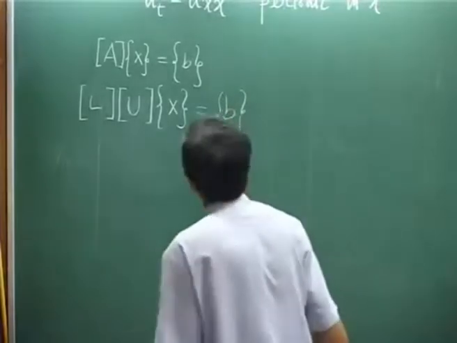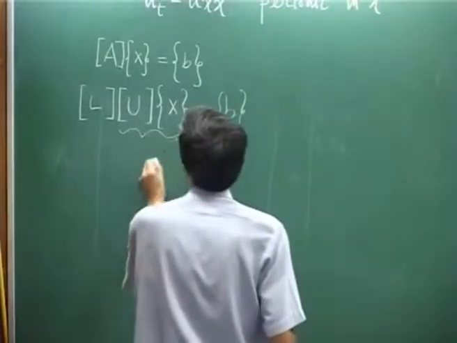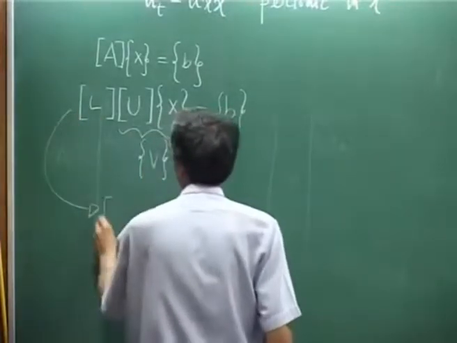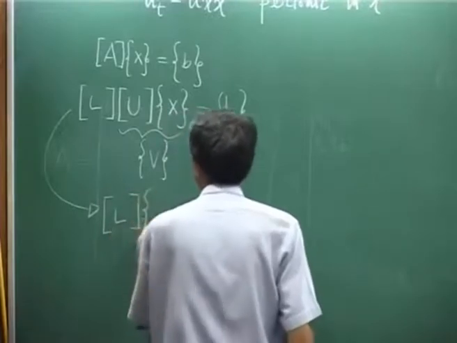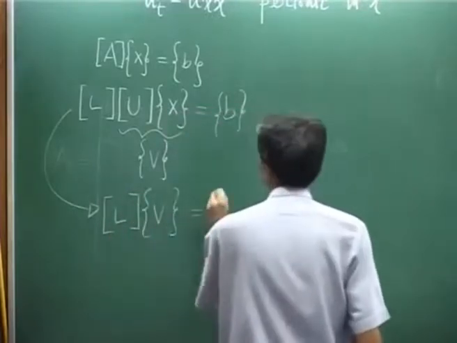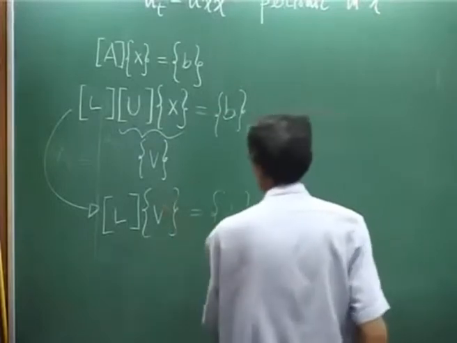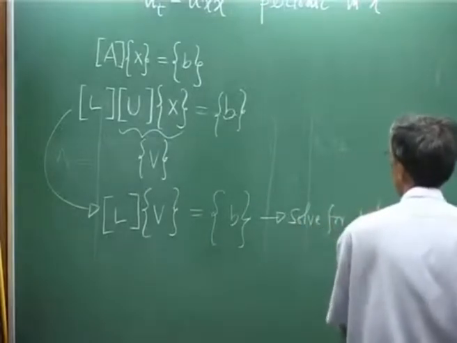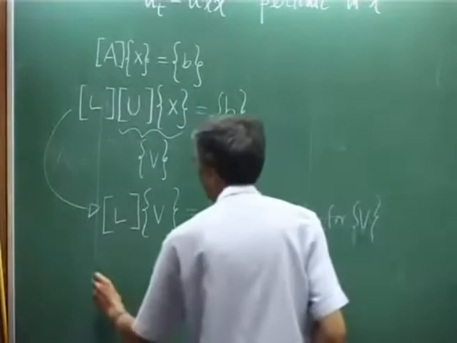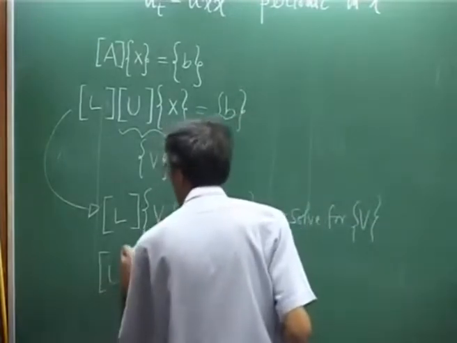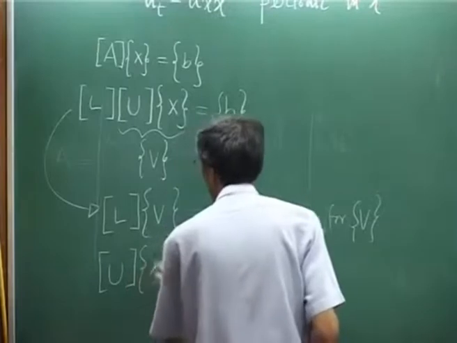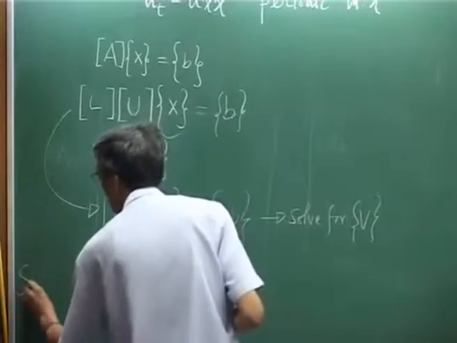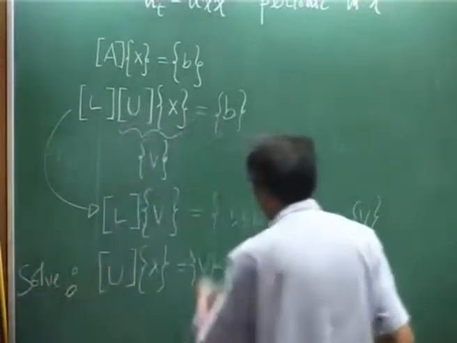If I define U x as some V vector, then this equation implies L times V is equal to B. So, you first solve for the V vector, and once you have that, you solve U x equal to V. Then you solve this in sequence, and you are done.